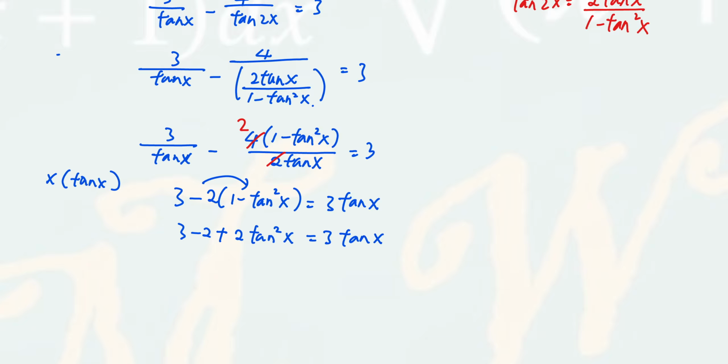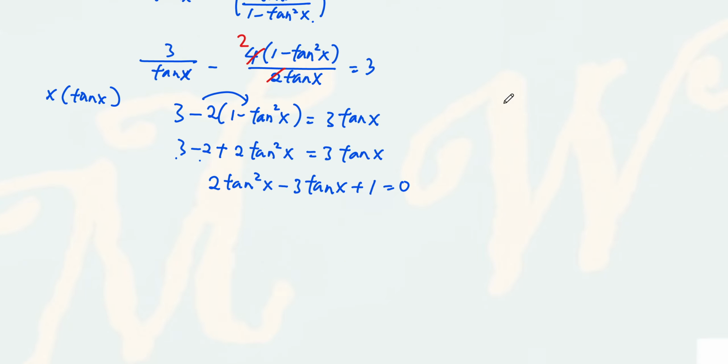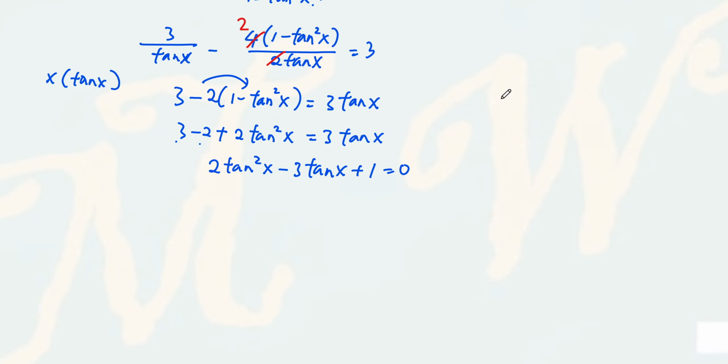Okay, so rearrange to get a quadratic equation. So I will keep the terms on the left side. Then you will be getting 2 tangent square x. The 3 tangent x will be moved to the left side, becomes negative 3 tangent x. Then the first two terms, 3 and minus 2, becomes plus 1. Okay, and now you are getting a quadratic equation in terms of tangent x. So this can be factorized into tangent x minus 1 times 2 tangent x minus 1 equals to 0.